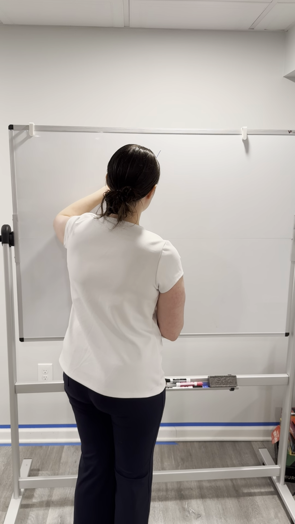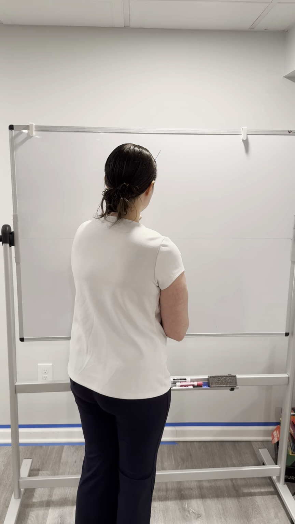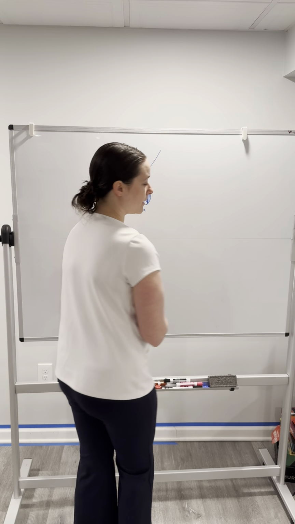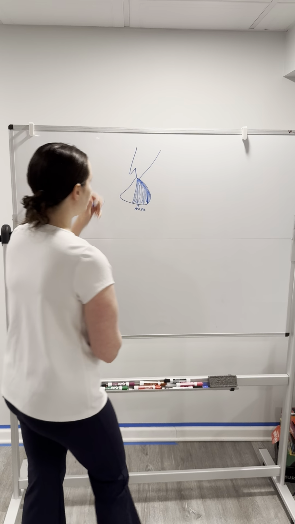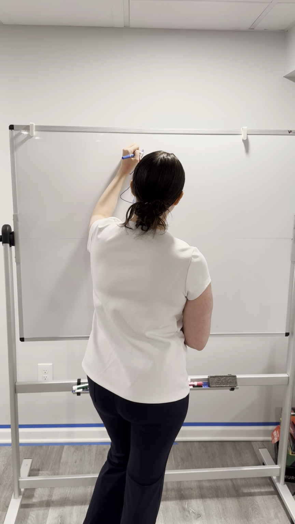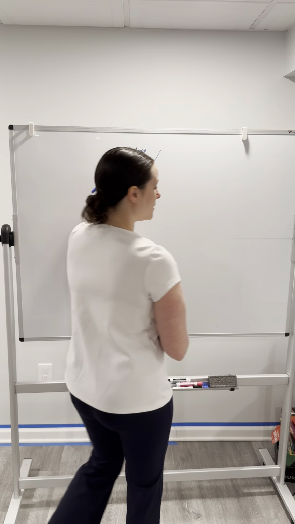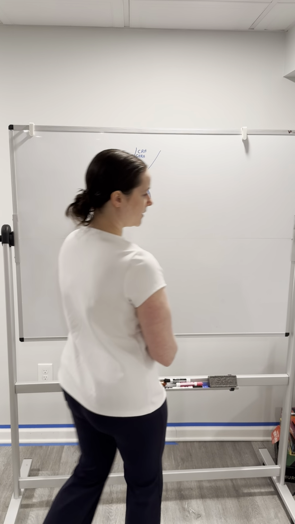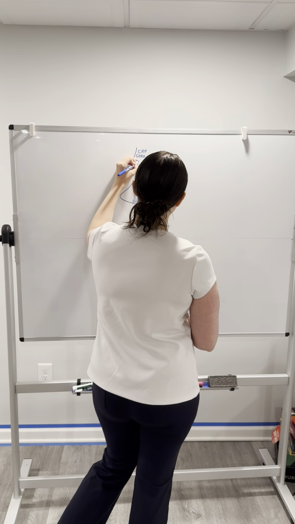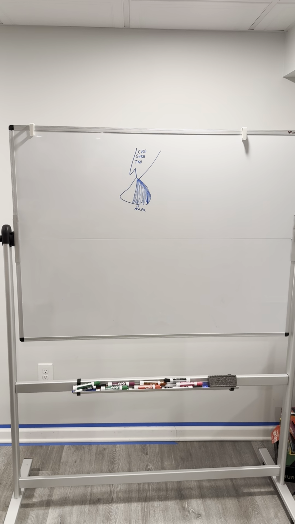Okay, I'm just going to color that in there. This is our anterior pituitary. A few different things are happening here. We have CRH, corticotropin releasing hormone, GHRH, growth hormone releasing hormone, and TRH, thyrotropin releasing hormone.